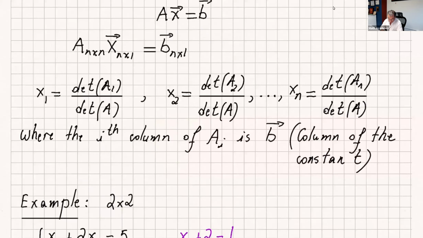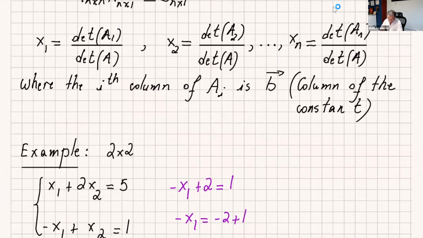You can solve for x1 by doing the determinant of A1 divided by the determinant of A. The determinant of A is the matrix of the coefficients. Same thing for x2 and same thing for xn. So you can use the formula, use the determinants, and get the values of the variables.